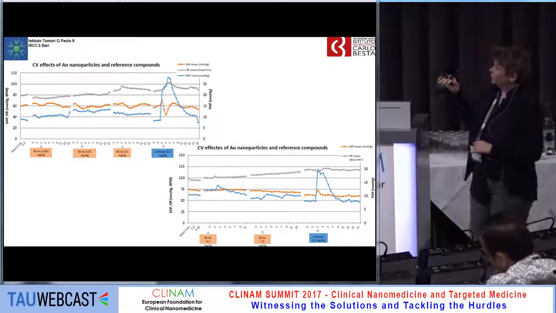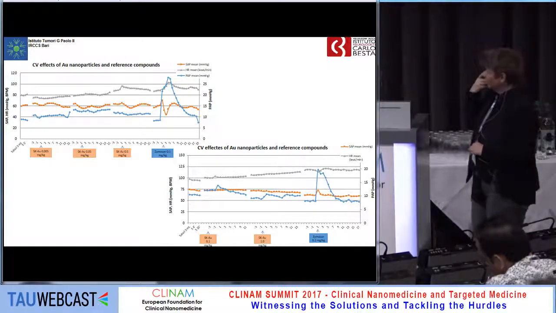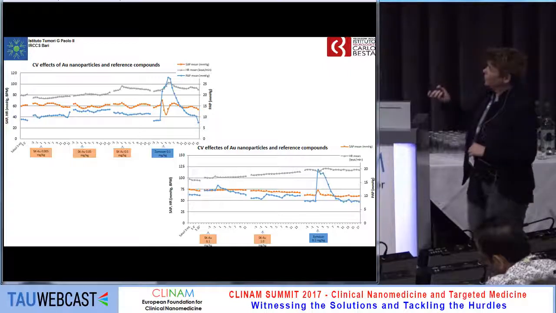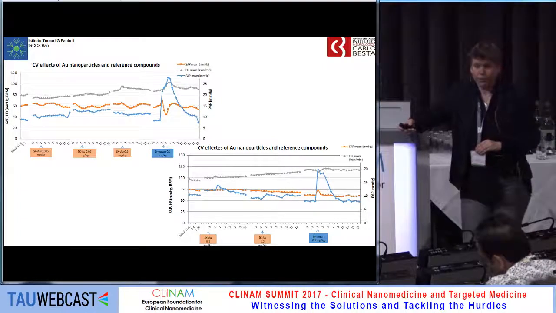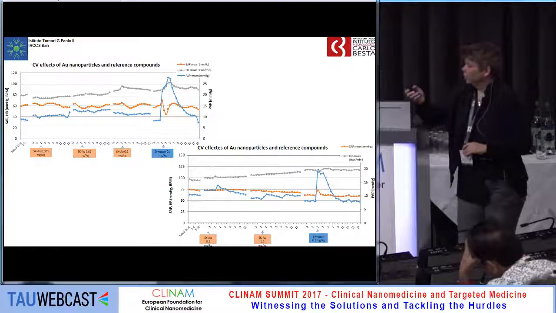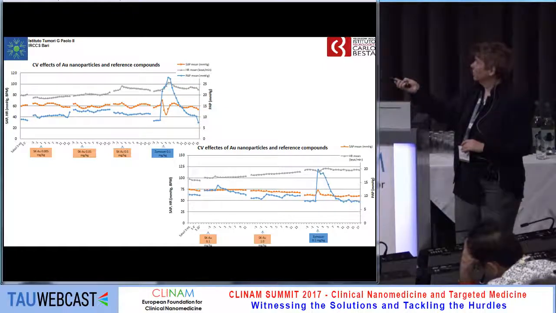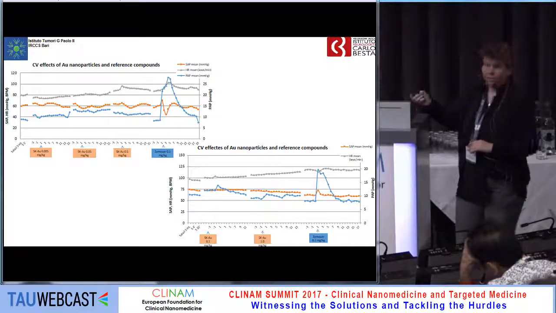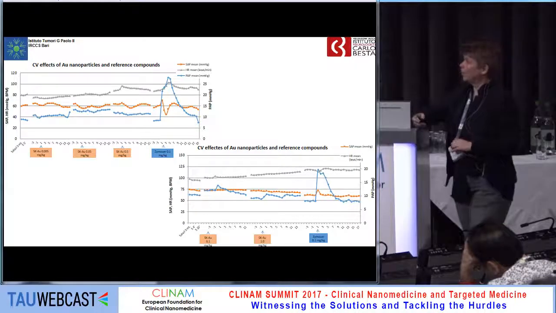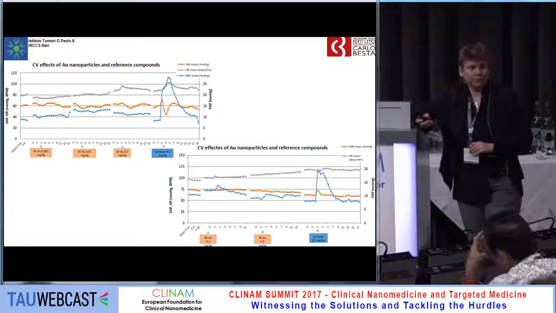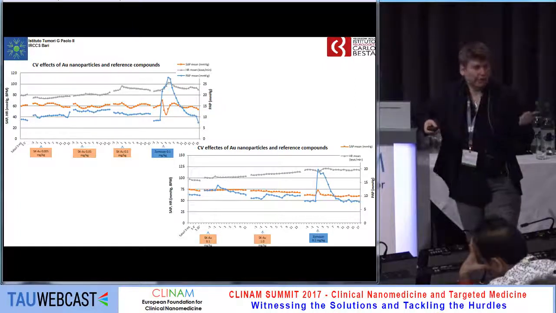We injected the particles repeatedly, and as you could see, there was no kappa effect in all the experiments, even up to relatively high doses like 1 milligram per kilogram pig, while the pig model was reacting when we injected zymosan. And in that case, why are these particles different from what you have seen before? Okay, first thing is they have no PEG on the surface.